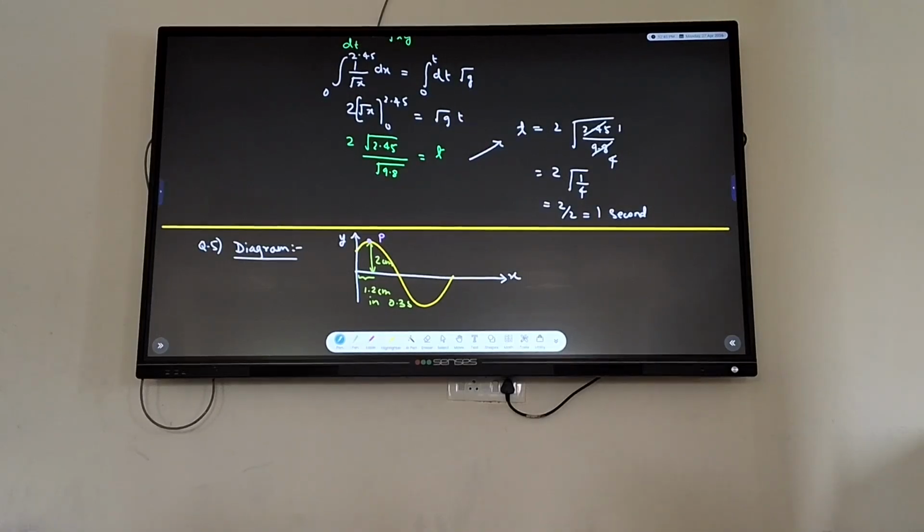Phase. The peak is there. Peak starts from here, it has moved till there. It's up there.